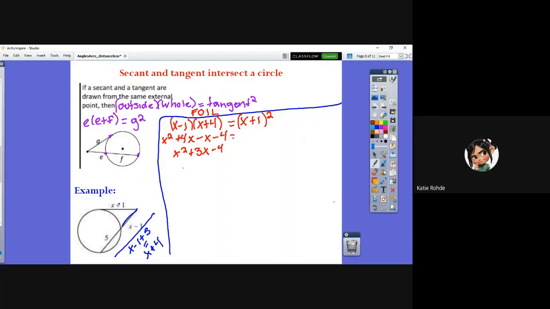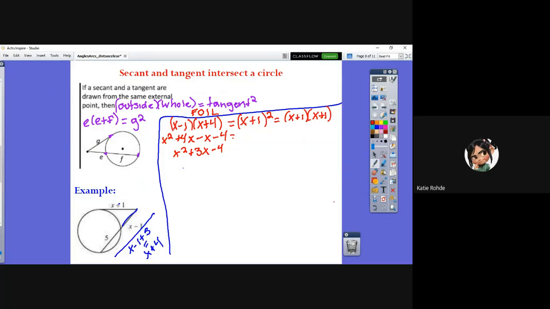Now let's do the other one. This is where every year I have so many kids that are like, okay, x plus 1 squared, I just square the x and I square the 1. But that's not what this is. Anytime you have something squared, you're squaring the entire thing. So this is x plus 1 times x plus 1.